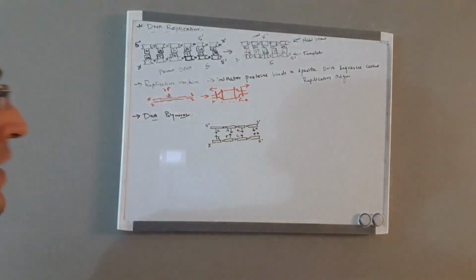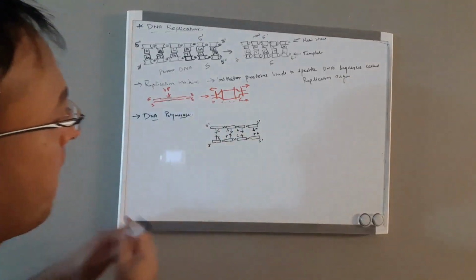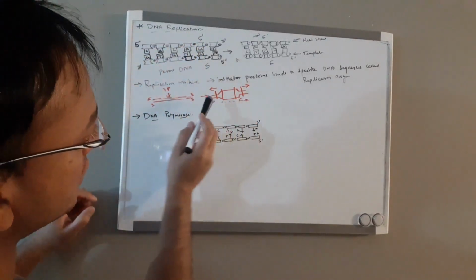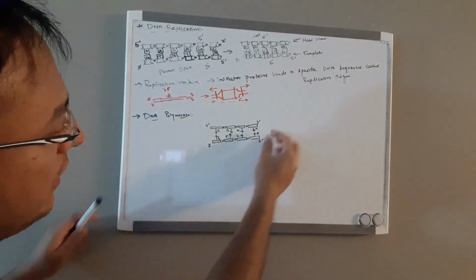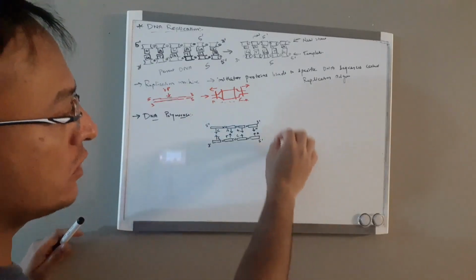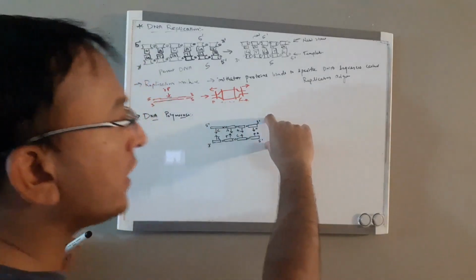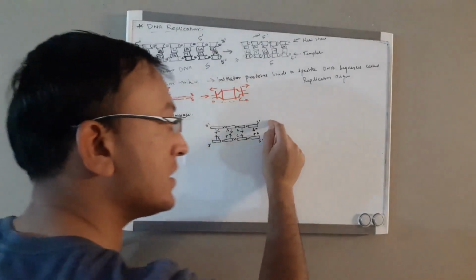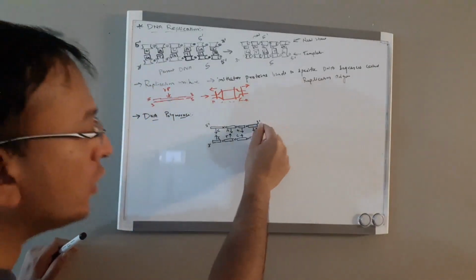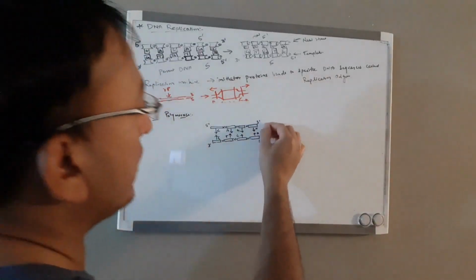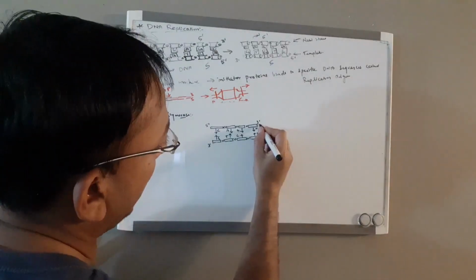So when the polymerization happens, just imagine that this is the structure we have and it is open from here. The DNA replication is happening over here, and this DNA polymerase is responsible for adding a new nucleotide to this end.